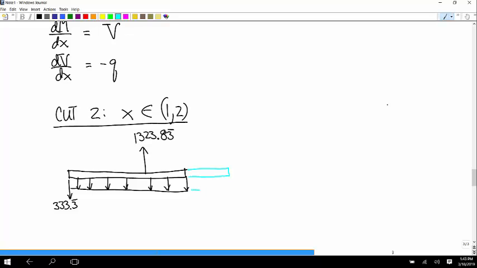And we're leaving off some of it because it goes all the way to the end of the beam. And that has a magnitude of 245.25 newtons per meter.